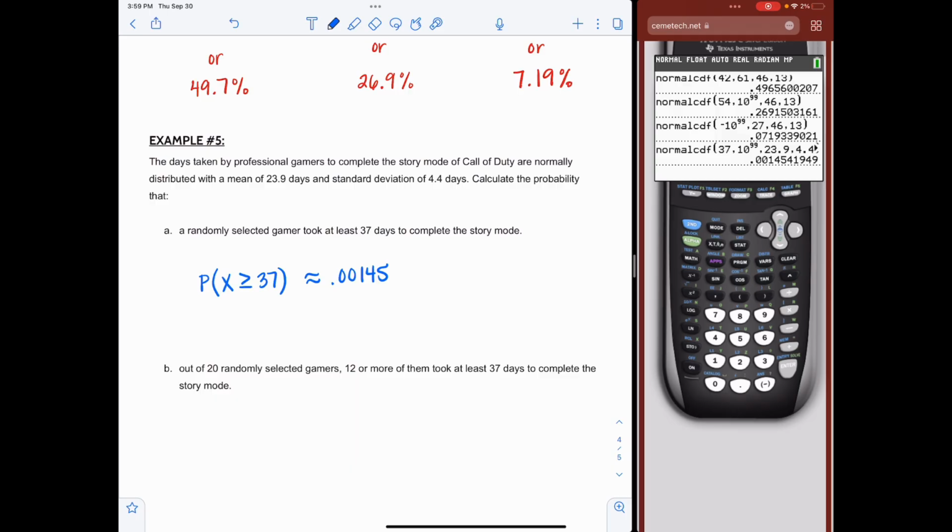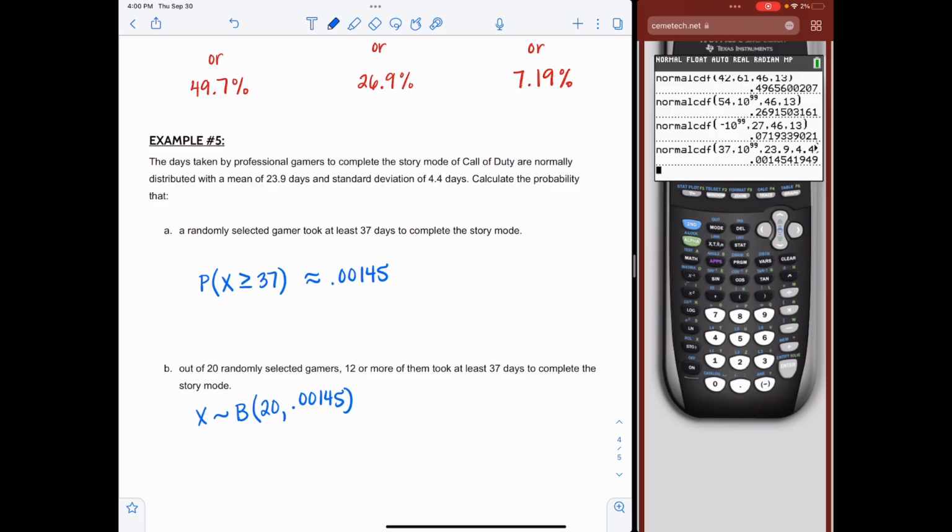So remember, this is a binomial distribution. This is saying that x is distributed binomially when the number of people is 20 and the probability of success is 0.00145. Now remember, the probability of success is that it's going to take at least 37 days.